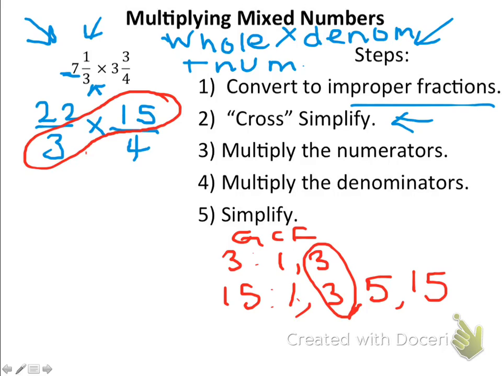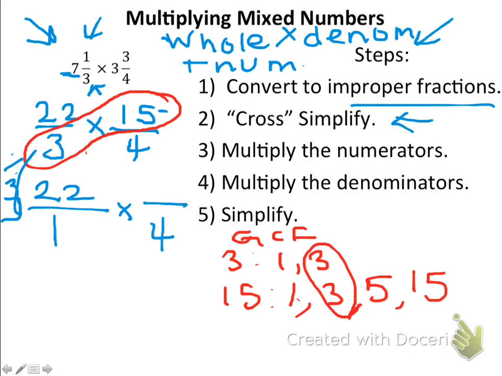So to simplify, I'm going to divide both the 15 and the 3 by 3. So our next line will say 22 over 3 divided by 3, which is 1, times 15 divided by 3, which is 5.